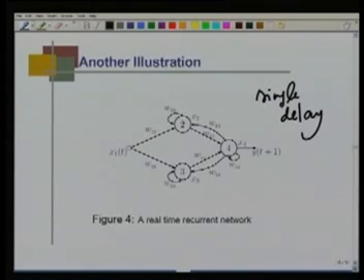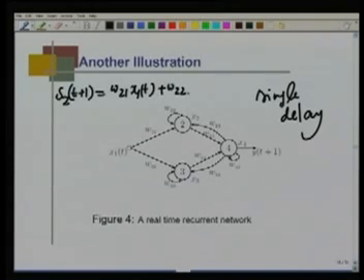So, the input to the neuron 2 is W21 into X1 T plus W22 into X2 T plus W24 X4 T, only 3.